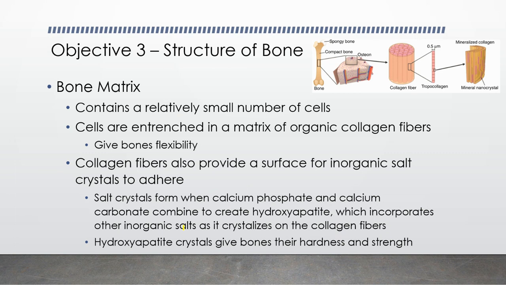All right, now the matrix itself, this is one of the things that's unique to bone. Bone is quite different from a lot of other tissues in that it is very hard, and that has to do with that extracellular matrix. So there's actually not that many cells in the bone matrix. It's mostly going to be collagen fibers, which are going to give bones their flexibility. Remember, these are a type of protein fiber.